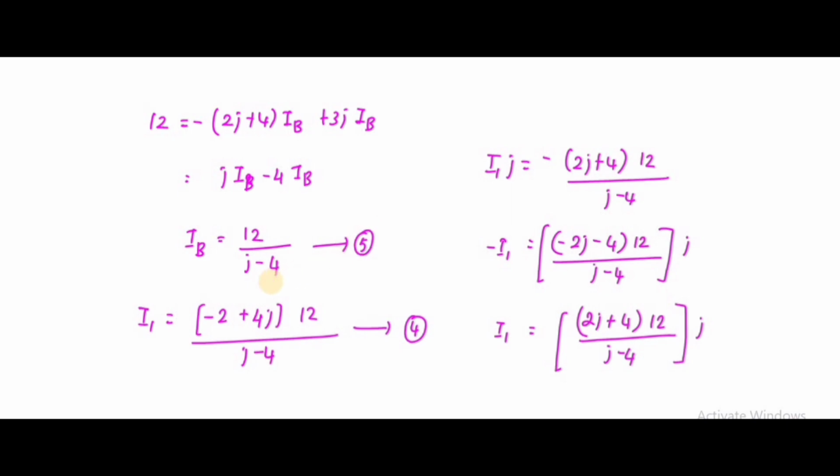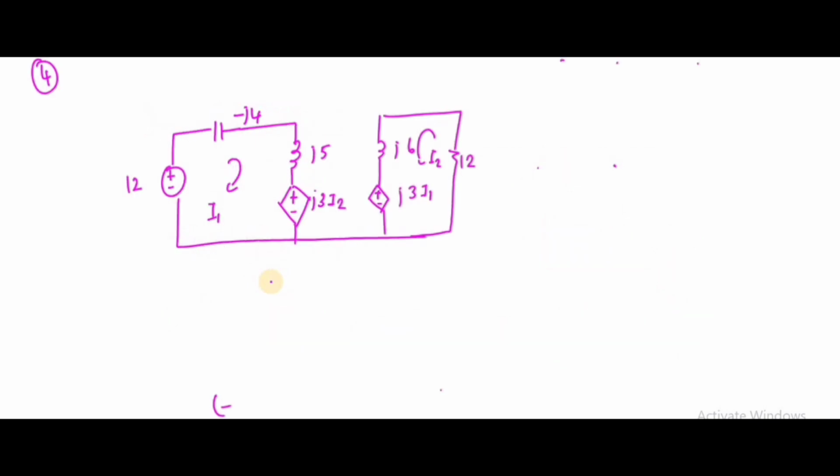So I'm going to verify this one with what we previously solved, right? Here both the currents are entering, so I can write this one as J3 into IB. Here I can write J3 into I1. For this one I need to use mesh analysis.